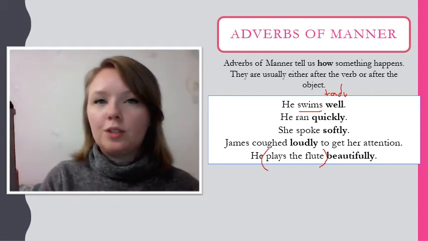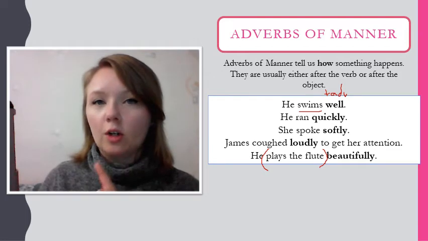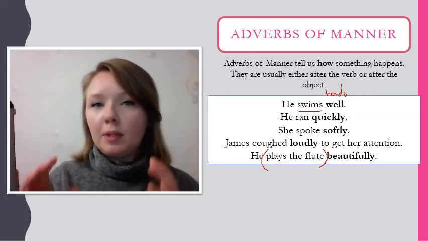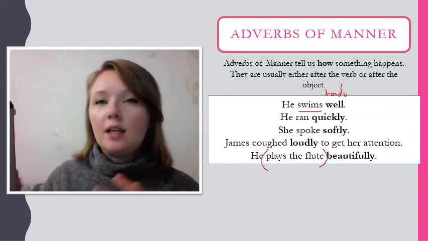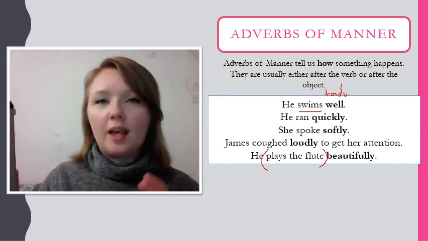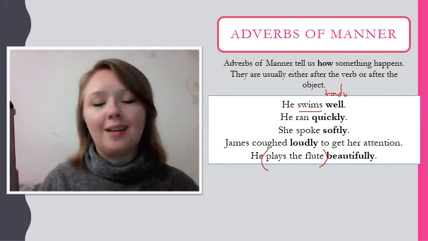So plays the flute, even though it's 3 words, kind of acts like one verb, one action. He does this beautifully. He plays the flute beautifully. He cooks bibimbap well, right? So if we have an action, we want to put the whole action before the adverb.